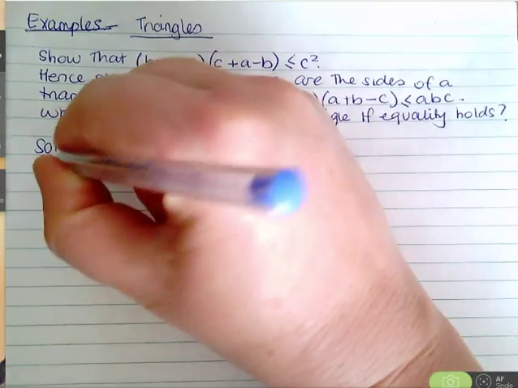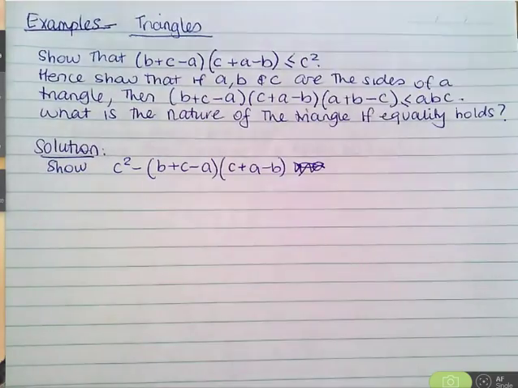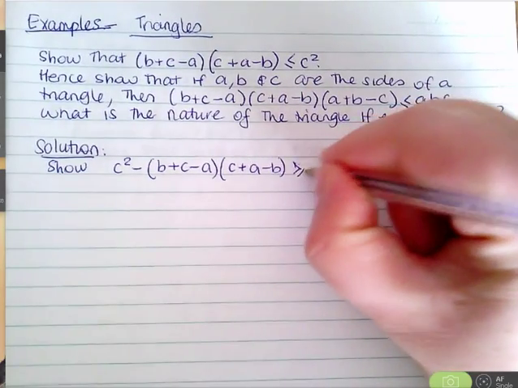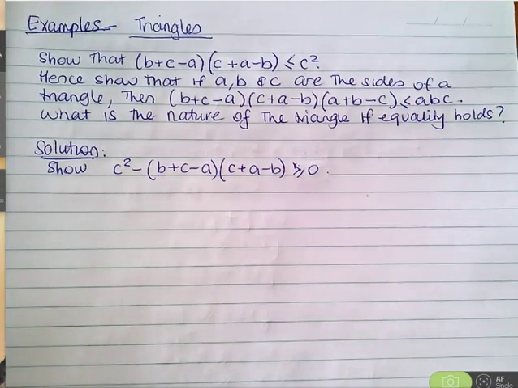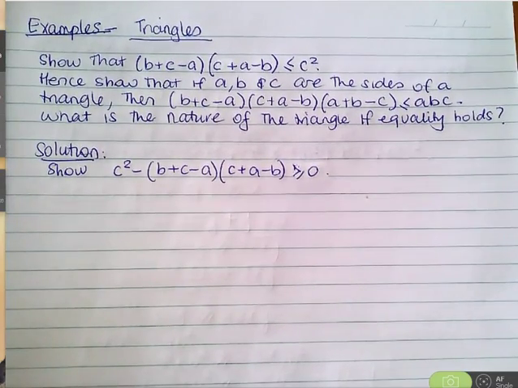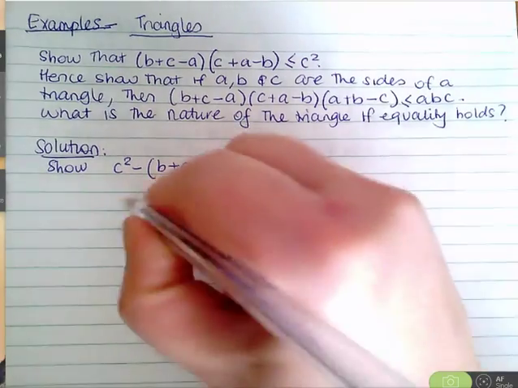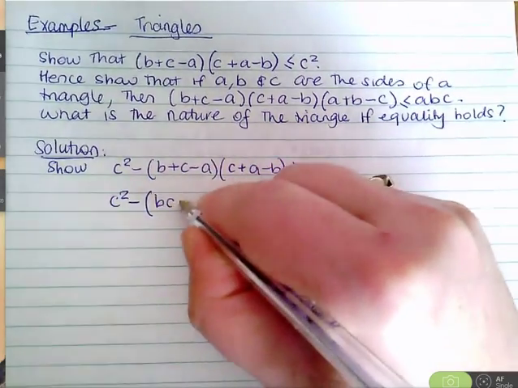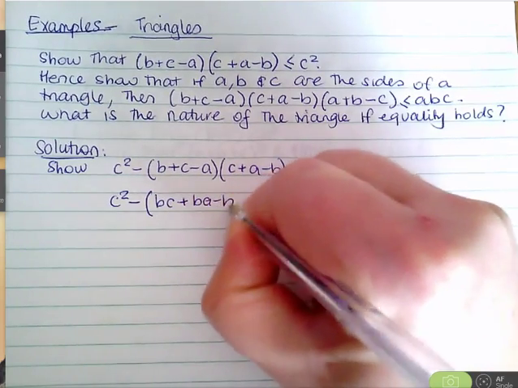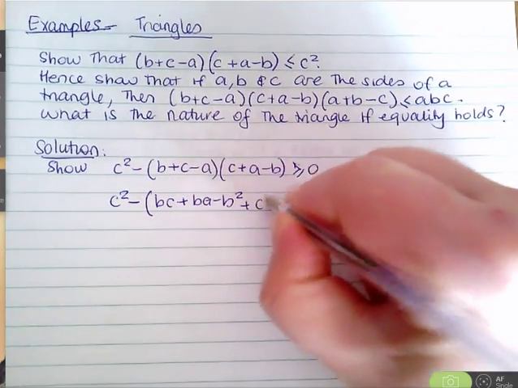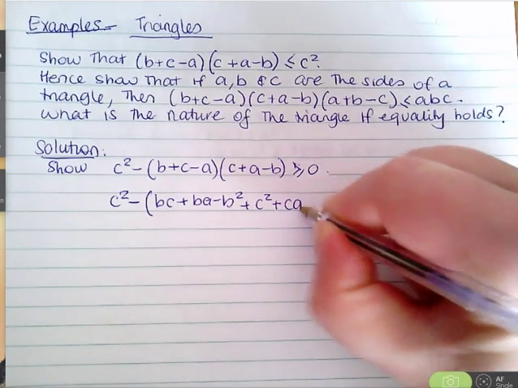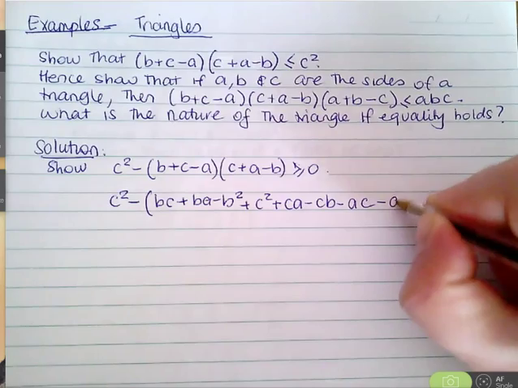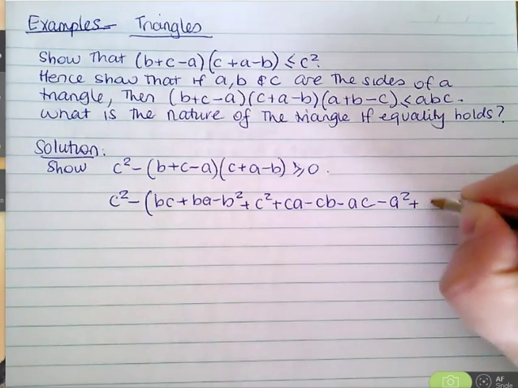Okay, so we'll just say that we want to show that that is greater than or equal to 0. So you can start with that, expanding the left-hand side. So we've got c squared minus, you want to expand this, so you've got bc plus ba minus b squared plus c squared plus ca minus cb minus ac minus a squared plus ab.